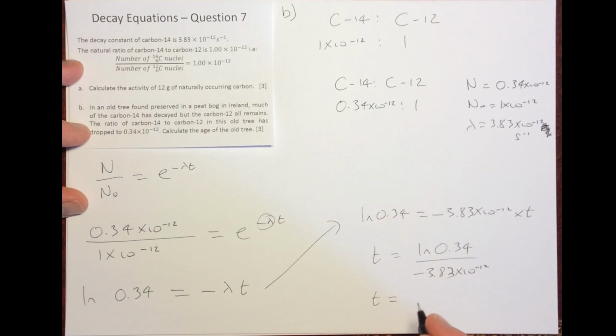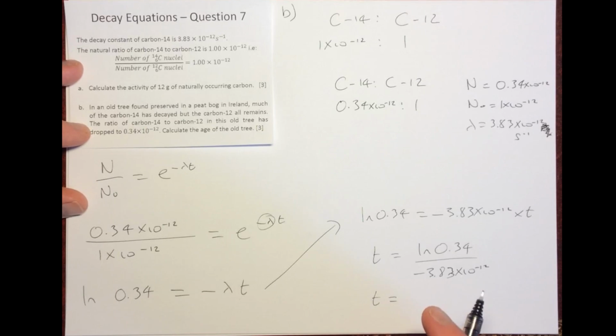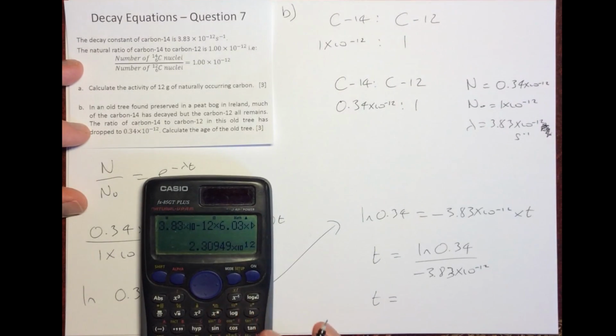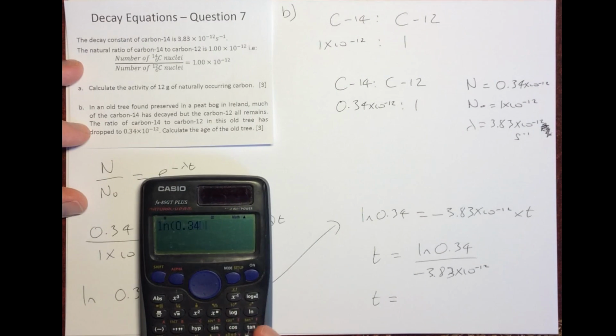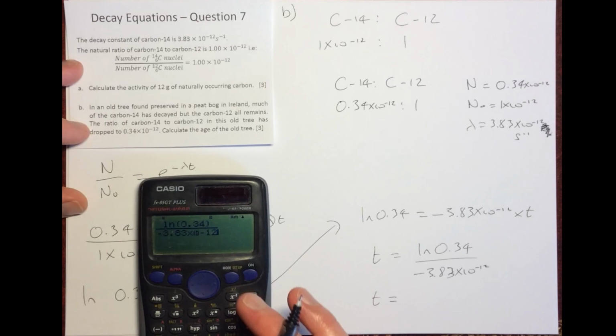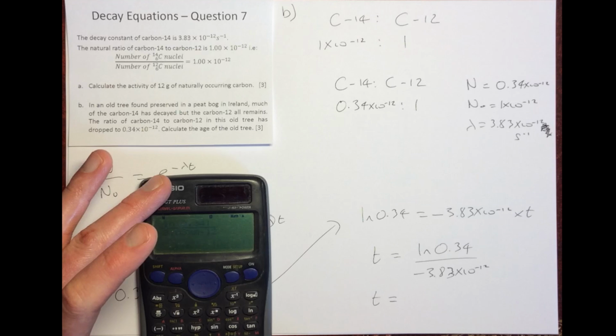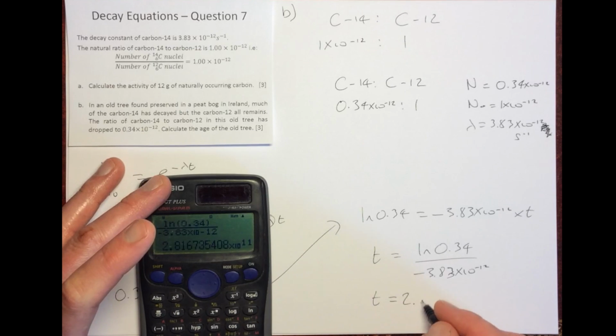Okay, now if we work that out, we're going to get this: ln 0.34 over minus 3.83 times 10 to the minus 12, and that gives us 2.82 times 10 to the 11 seconds.